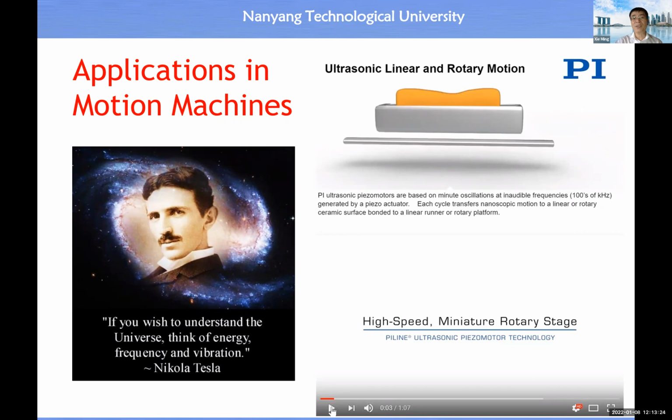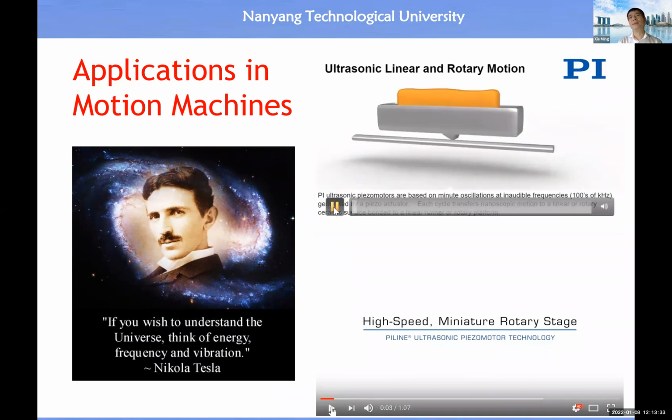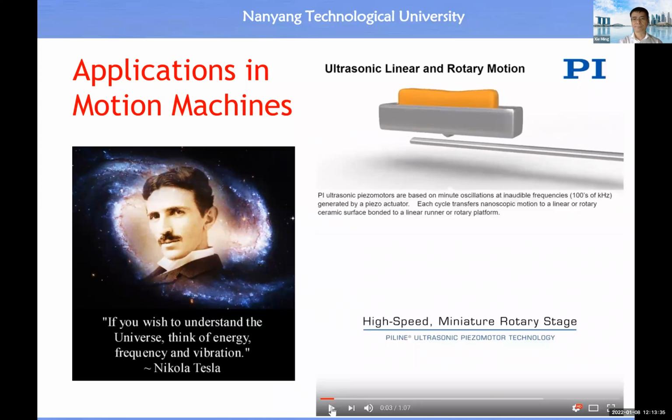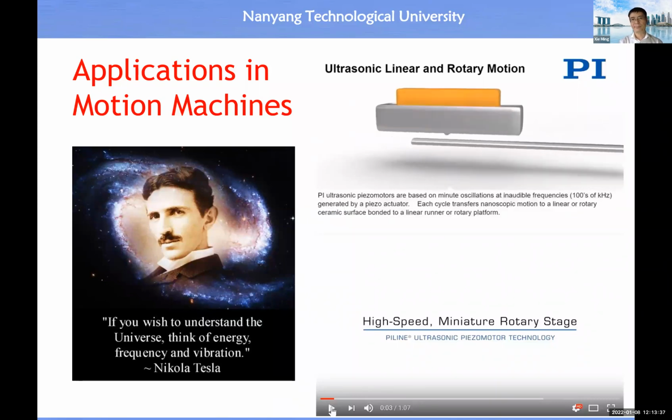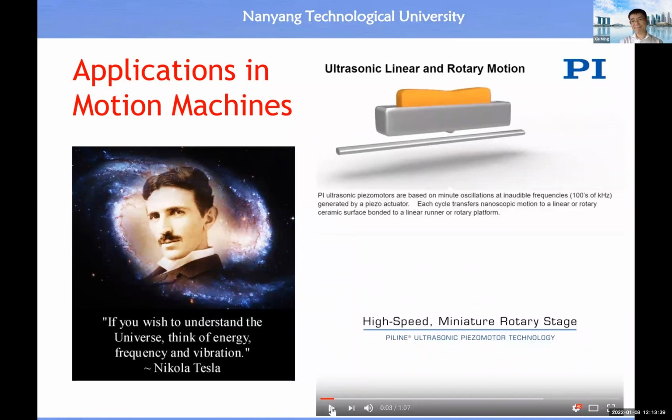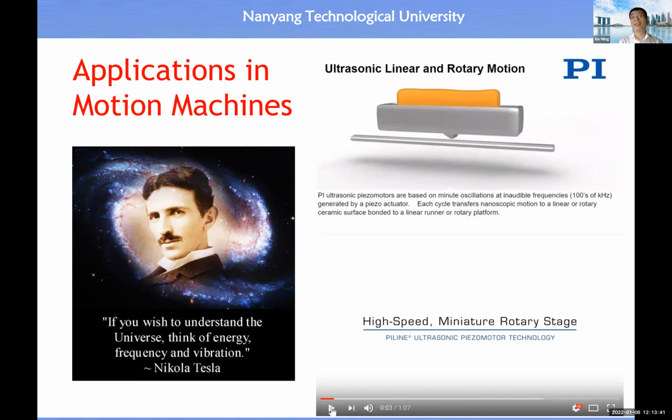So in industry, we may make use of a phenomenon of vibration to come out with the design of actuator. And this video will show you one example. So you see, this is linear motion. Make use of vibration to produce a linear motion.